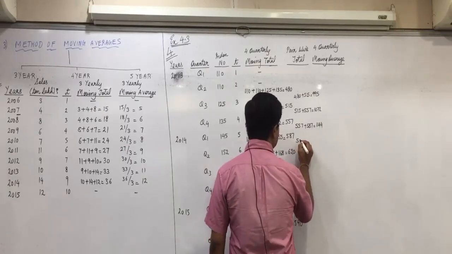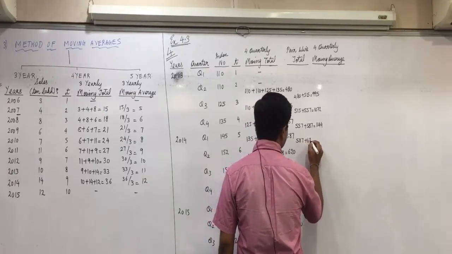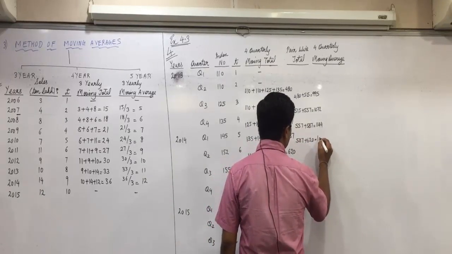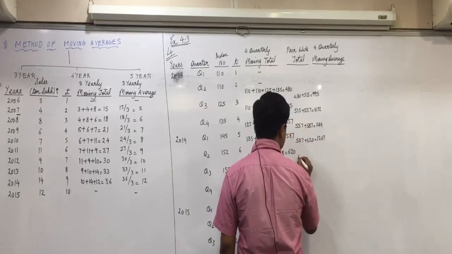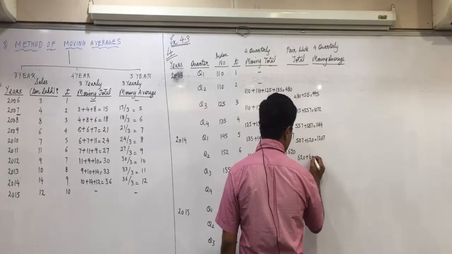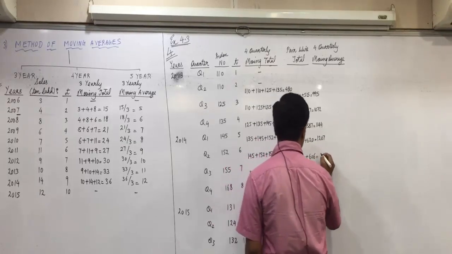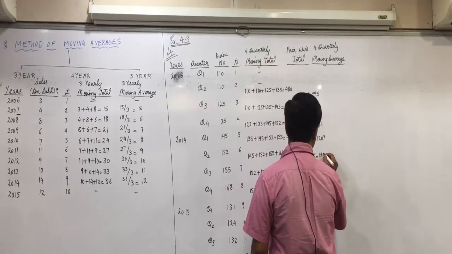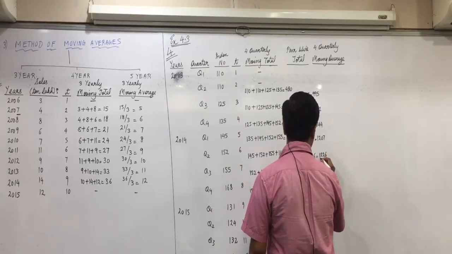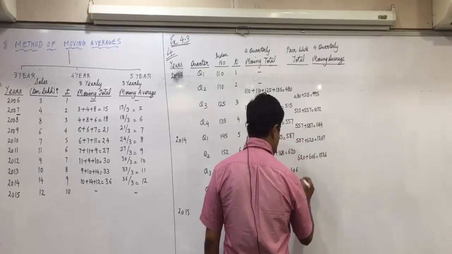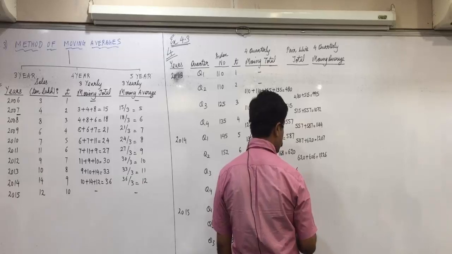Then 587 plus 620, 1207. 620 plus 606, 1226.